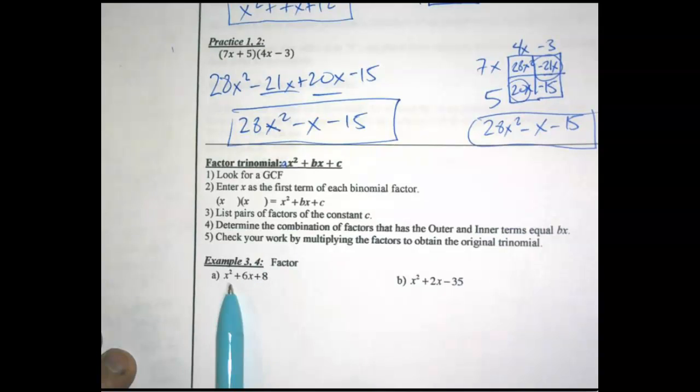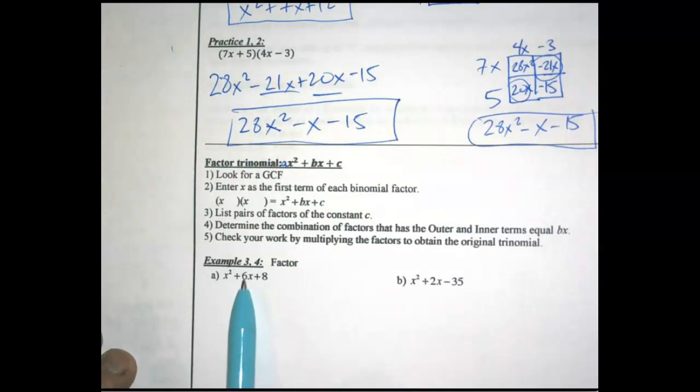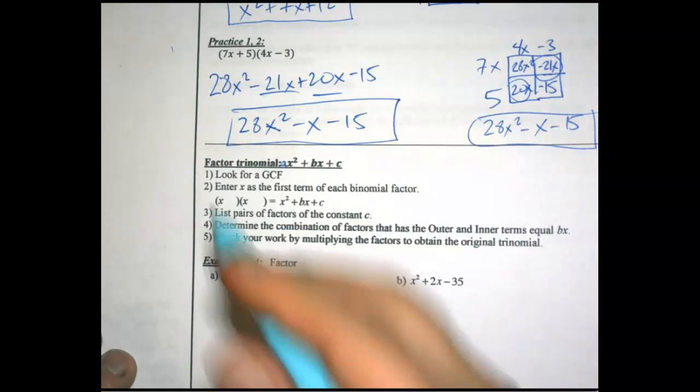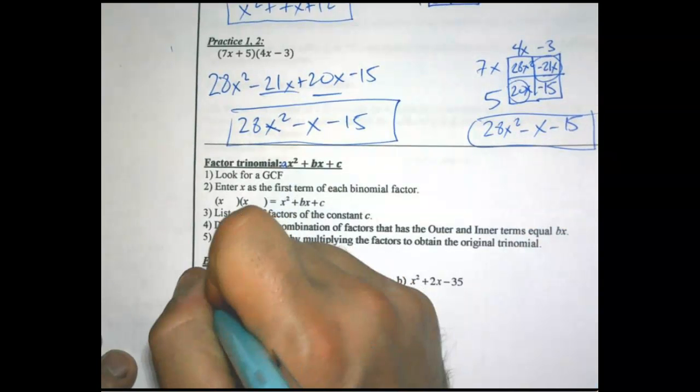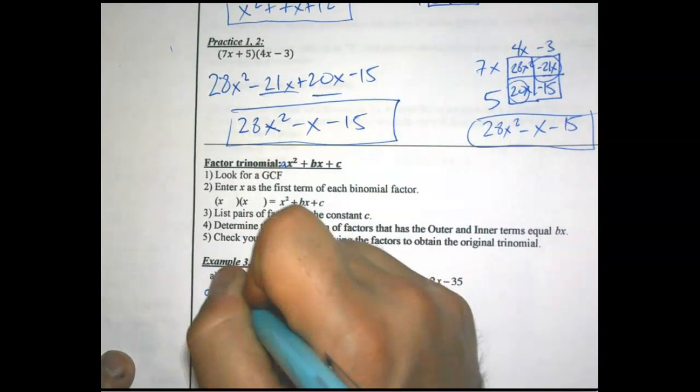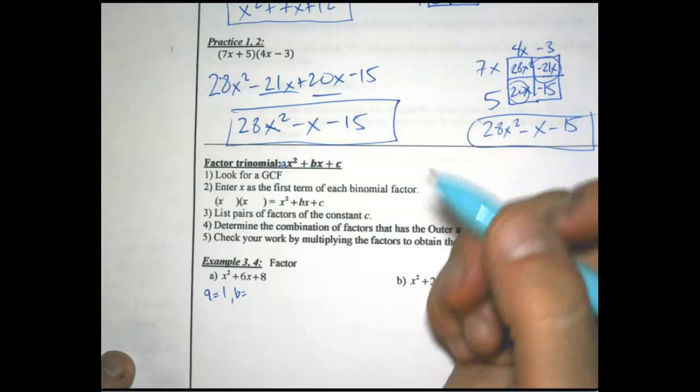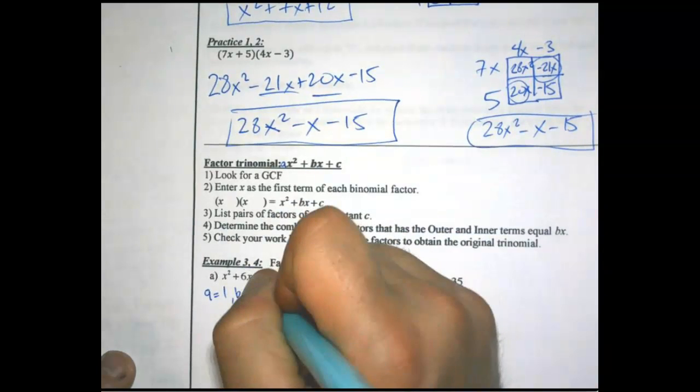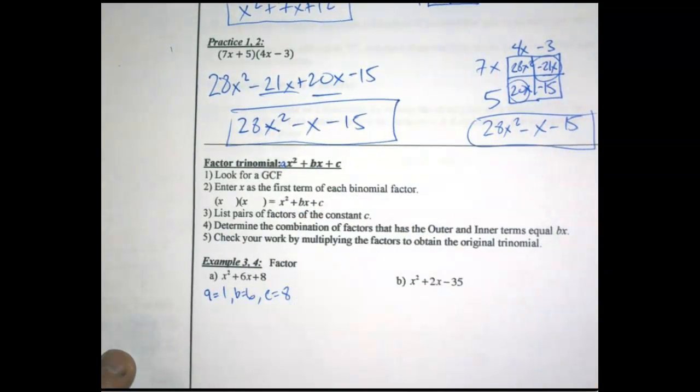So again, you have your quadratic term, a, x squared. A is the coefficient. You have your linear term. The coefficient is b, and then your constant is c. So we don't really need a, b, and c that much yet, but just to get that thought process going, a would be 1 because it's 1x squared, b would be 6 because it's 6x, and c would be 8 because the constant is 8.